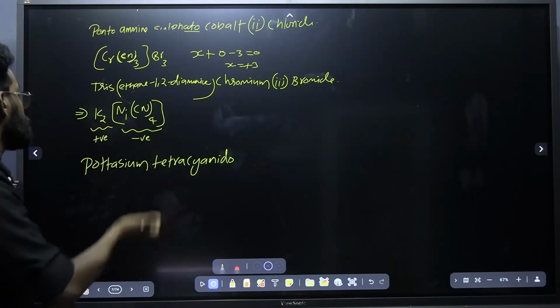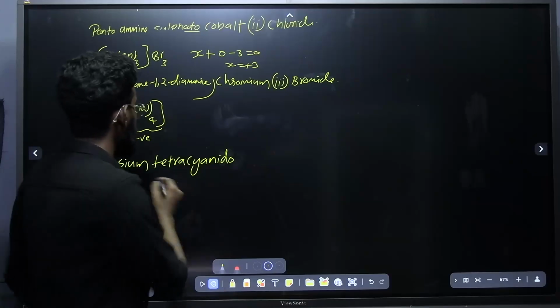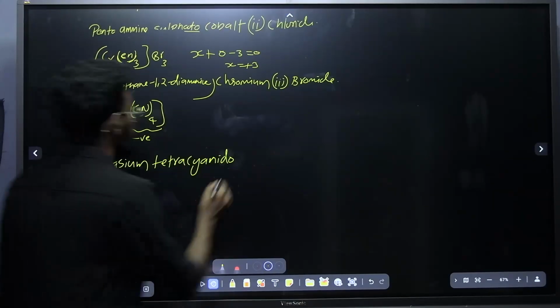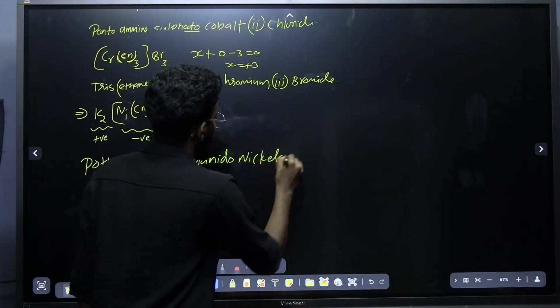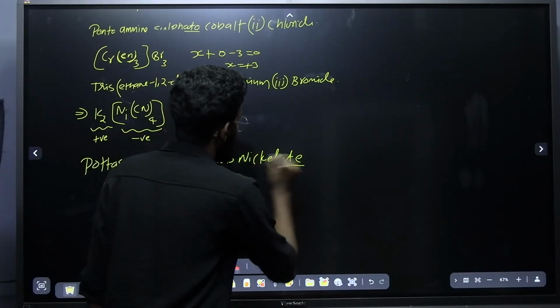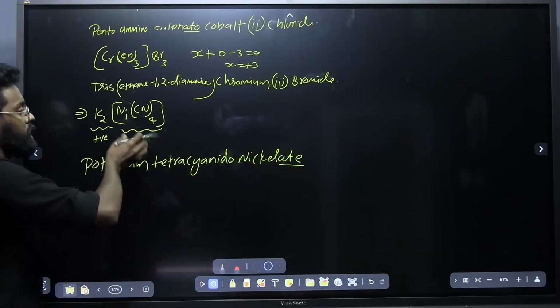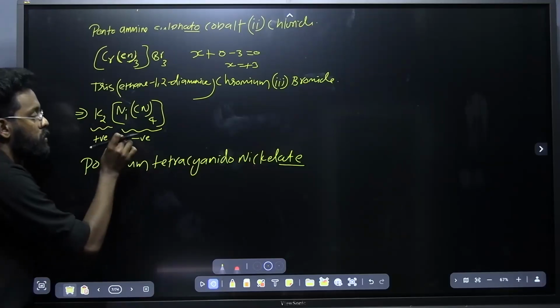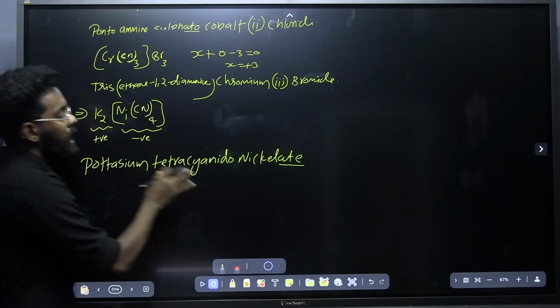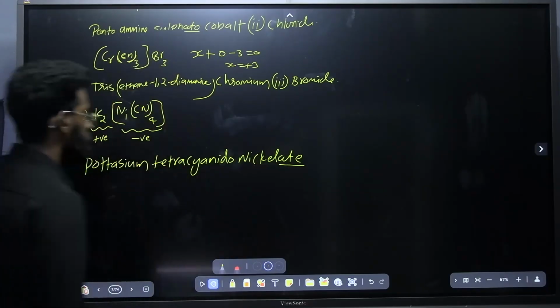When the metal comes into the negative part, the name changes slightly: potassium tetracyanidonickelate. We add the suffix ate to the metal whenever the coordination sphere is the negative part.